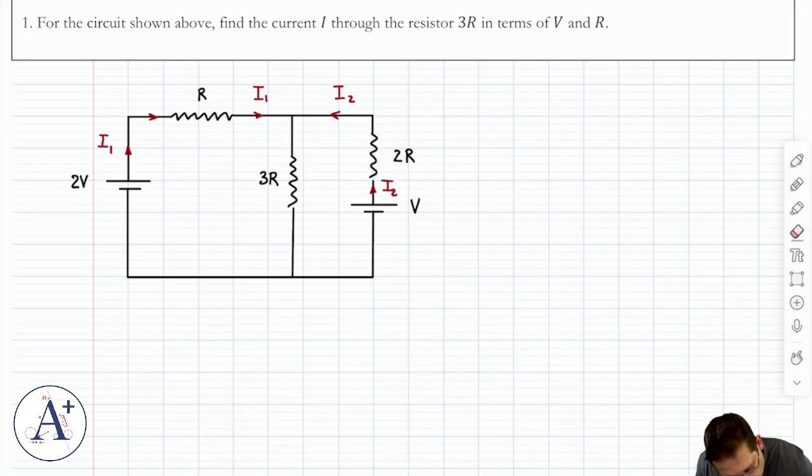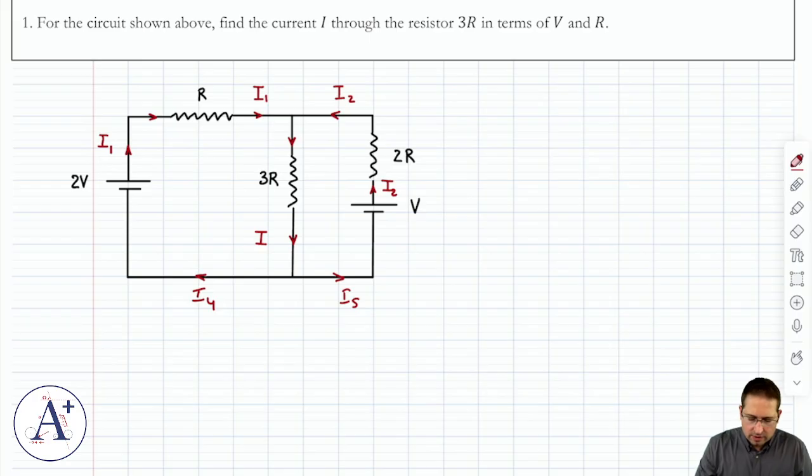But what I would probably do is this. Say, okay, you want me to find the current I that flows through 3R. This is going to be the current I. And then the current here is going to split. Now, it's not obvious necessarily how it splits. You might want to call this I4 and I5 or whatever. But the truth of the matter is the following.